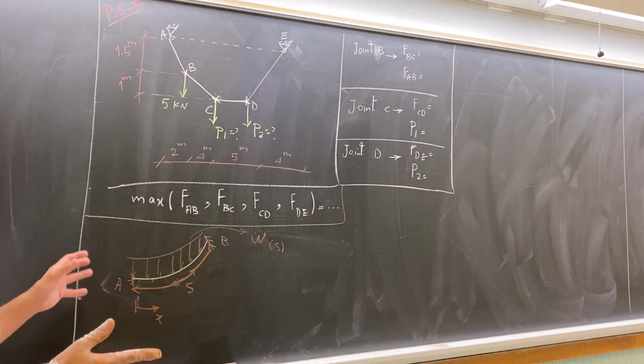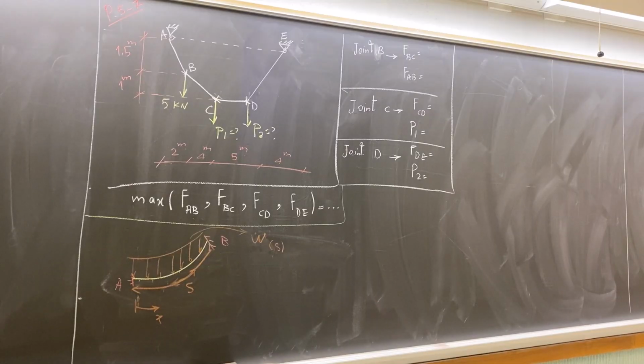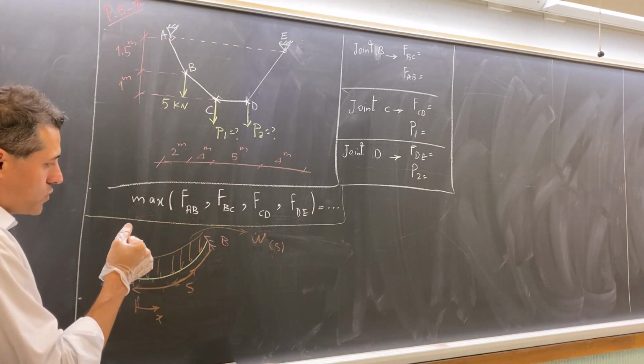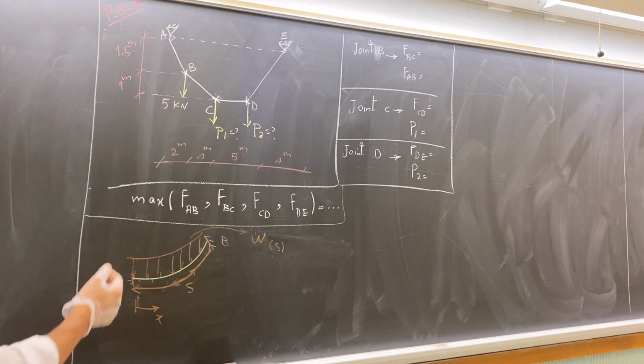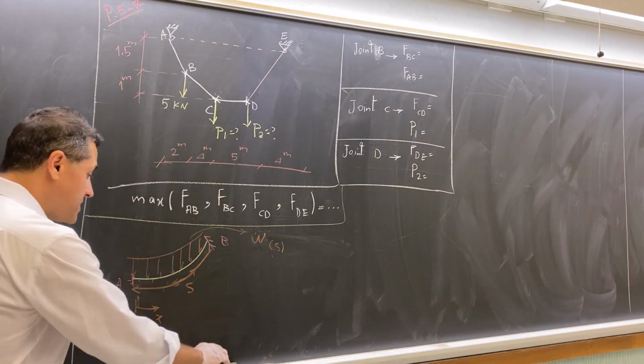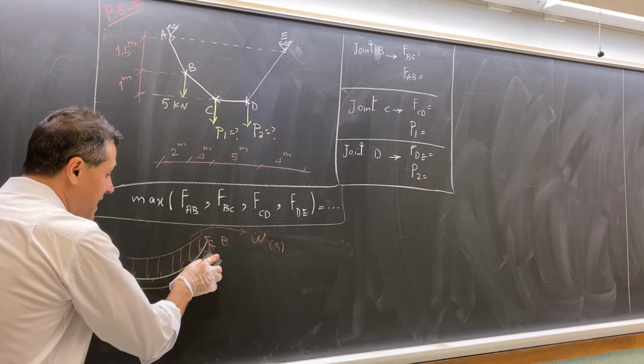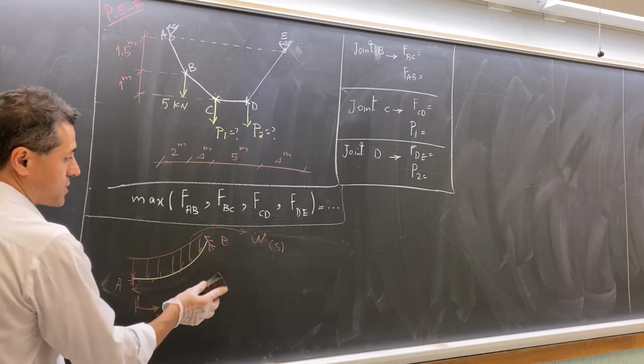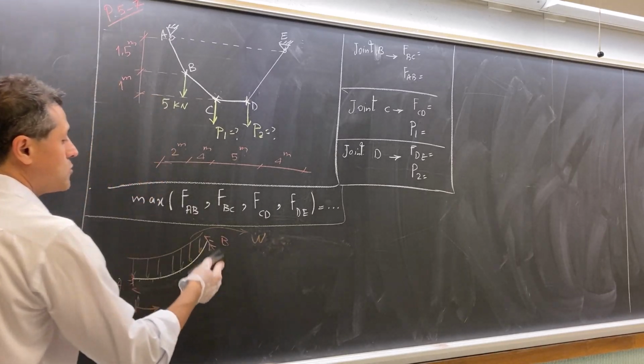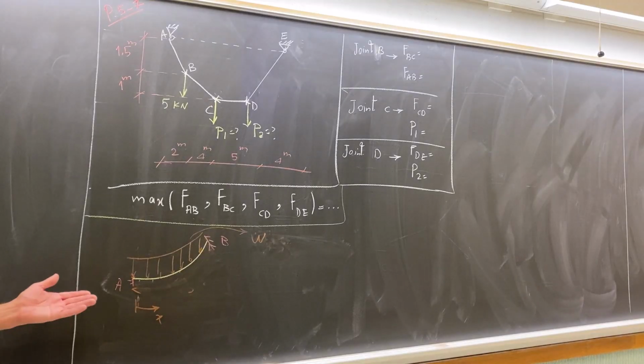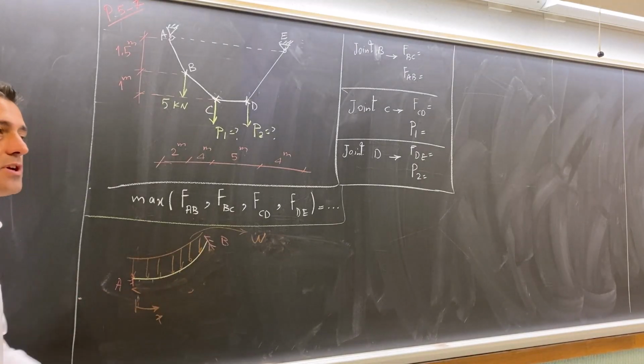But now because he asked, I have to explain. So now we are going to move to the next article, which is the cable under uniformly distributed load, and we have nothing to do with s, we just deal with x. So w is uniformly distributed load, and it is based on the projected length of the cable.